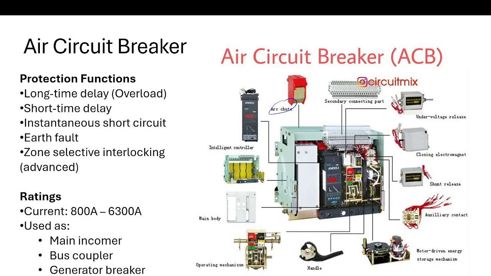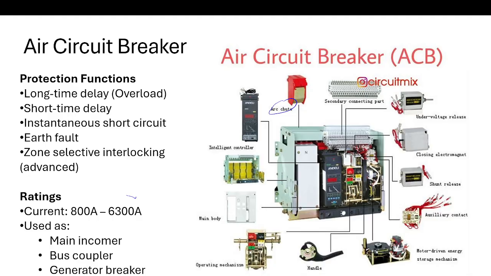Protection functions: long time delay, short time delay, instantaneous short circuit, earth fault, zone selective interlocking. Long time delay means that for a certain time, if an equipment draws more current, it will not trip instantaneously.